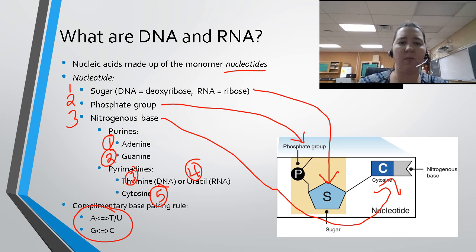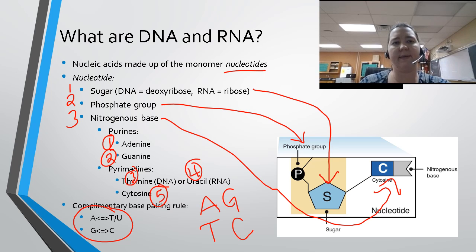So if you notice, we've got 1 purine, adenine, with 1 pyrimidine, thymine or uracil. 1 purine, guanine, partnered with a cytosine. Okay, and so what happens is they actually then match up, and this is what the rest of this chapter for the most part is going to be based on. So it's really important for you to understand this base pairing rule. So what happens is if we have an A, we're going to have a T on the other side. If we're going to have a G, we're going to have a C on the other side, or a U in the case of RNA.